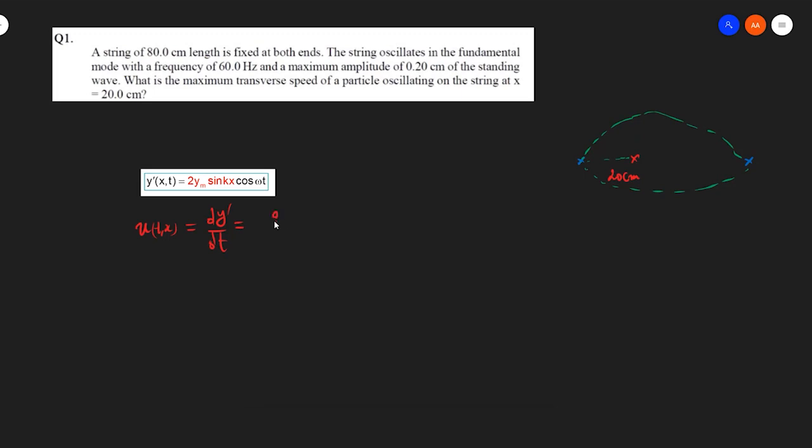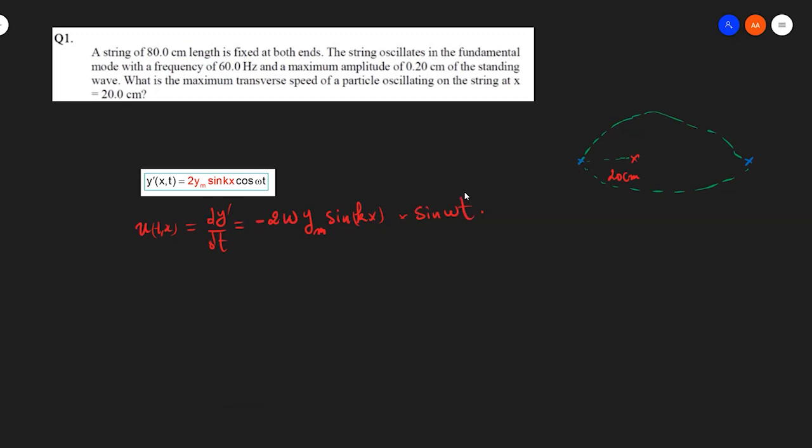This gives me 2 ym sine kx, which does not change, and the derivative of cosine is minus sine, so because of the derivative, we get an omega and the minus sign: u equals minus 2 omega ym sine kx sine omega t.